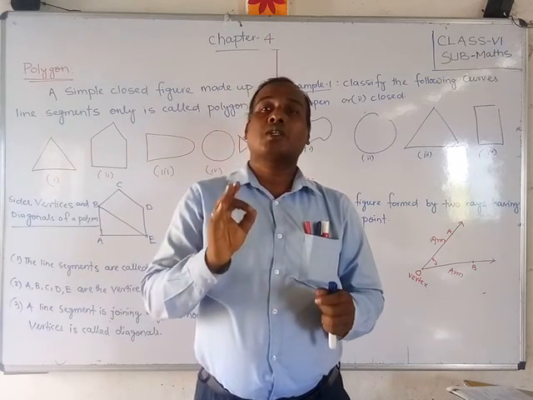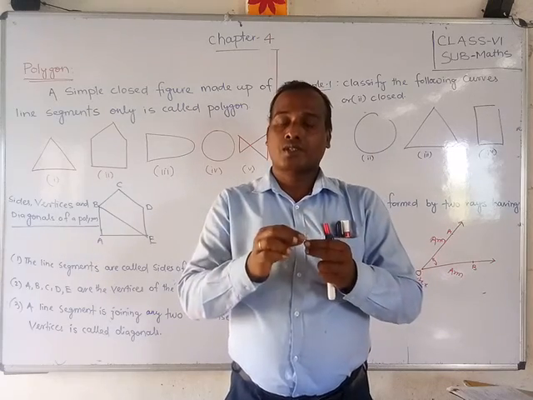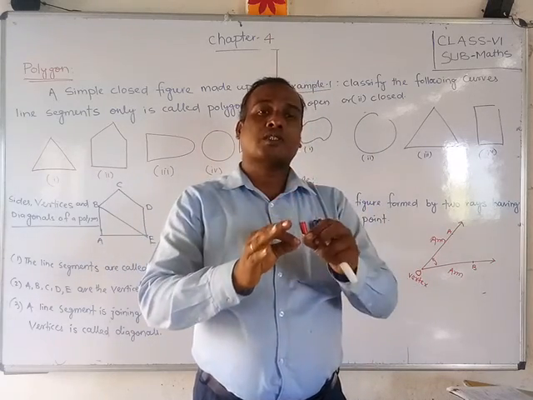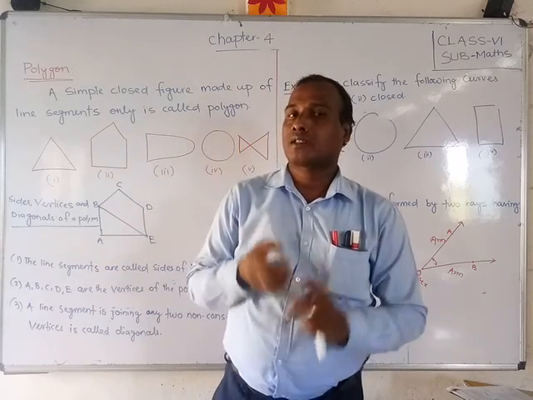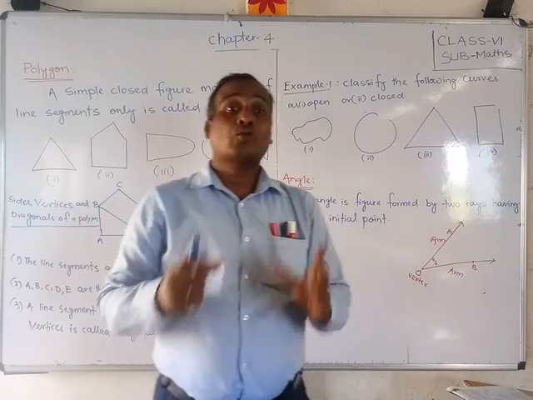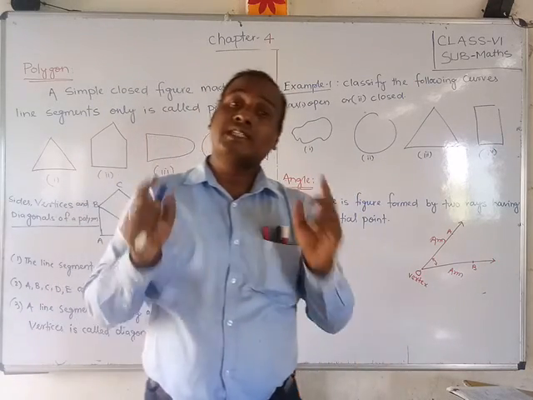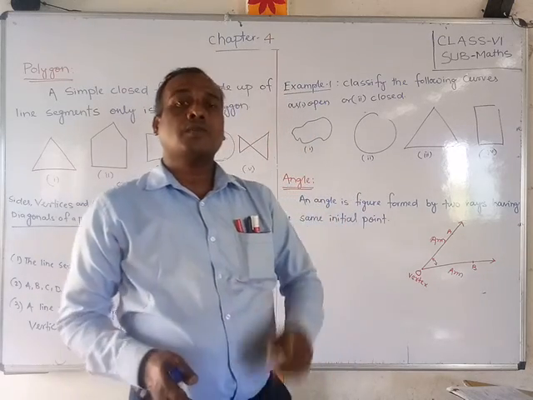That means the figure should not be overtracked. It touches only once the first starting point and end point. It does not intersect. That is called a simple closed figure. And it should be made by line segments only, not by curved lines. That is called a polygon.